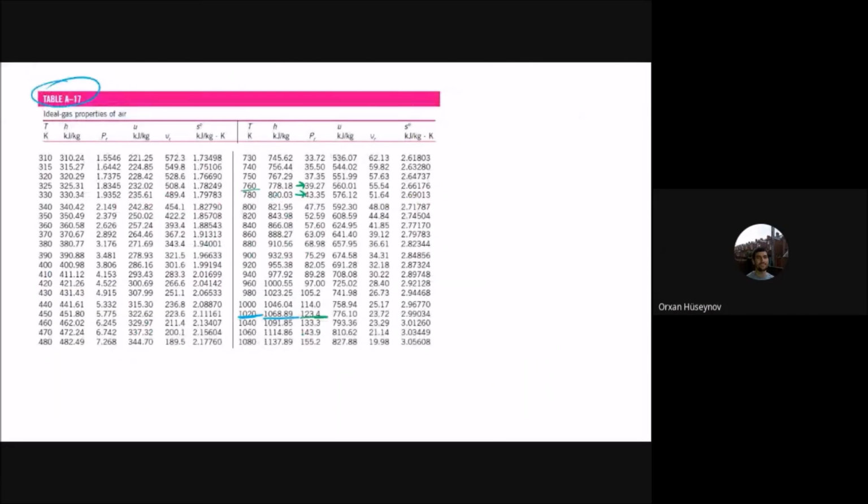For the enthalpy value here, you can see this one is between 780 and 800. Again, by linear interpolation, we can find that T2, the real one, will be equal to 786 Kelvin.